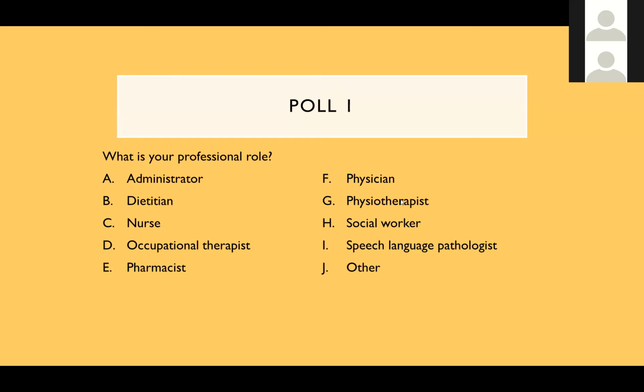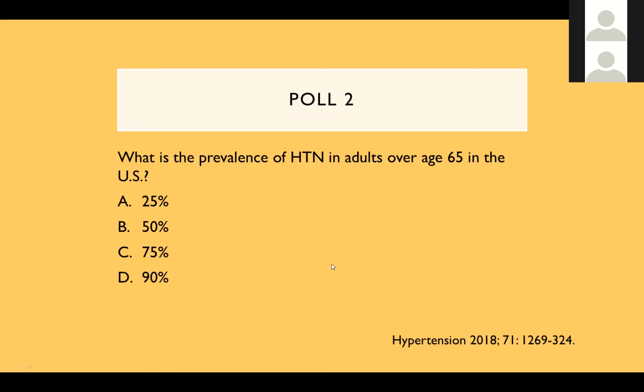Well, great. Thanks so much for tuning in. Next poll is just your best estimate of the prevalence of hypertension in adults over age 65 in the United States, please. Perfect. So the majority is right on.